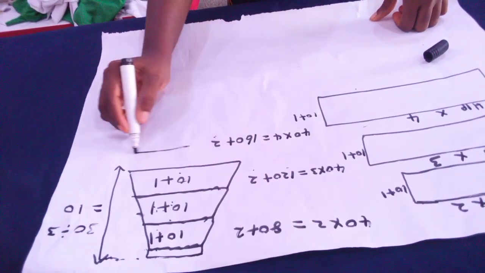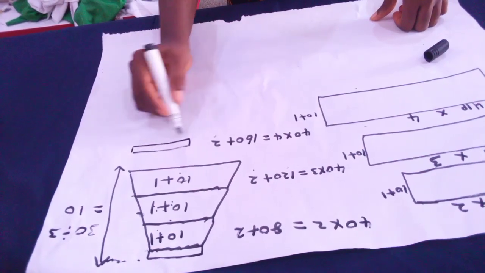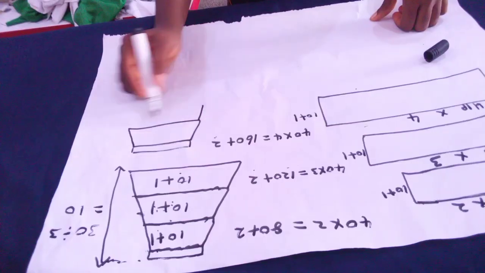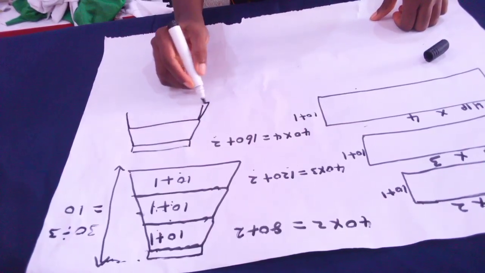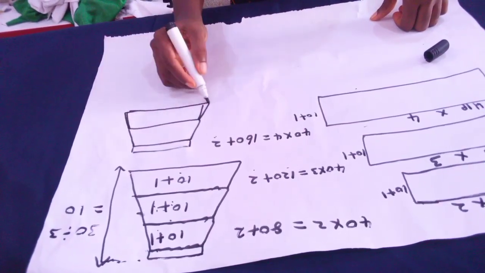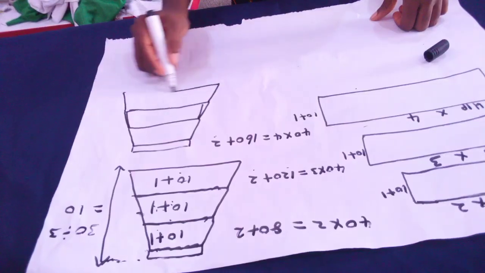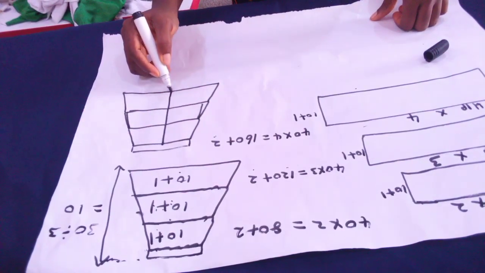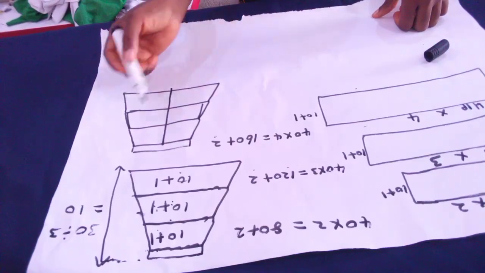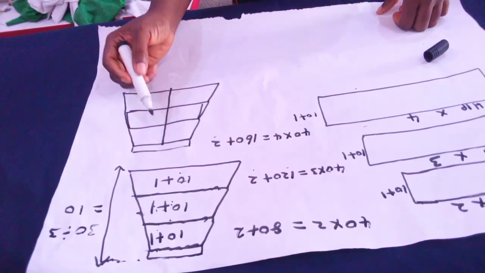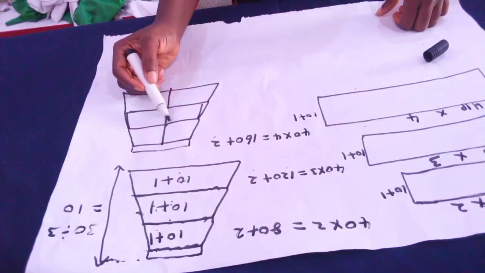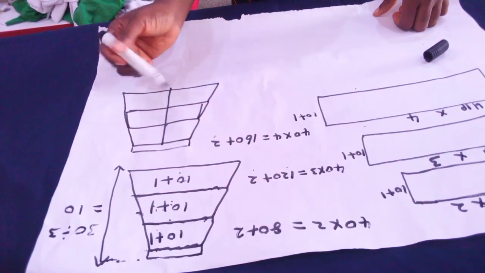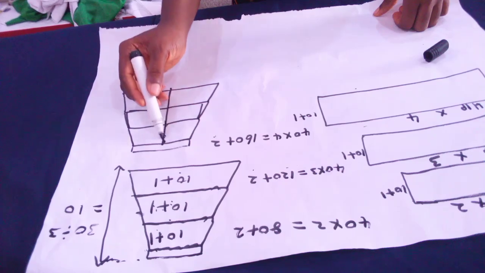Let's take for instance, this is the back. If you'll be having a zipper at the back, this is for the back, and we have a zipper at the back here.